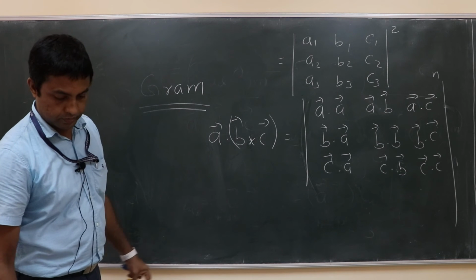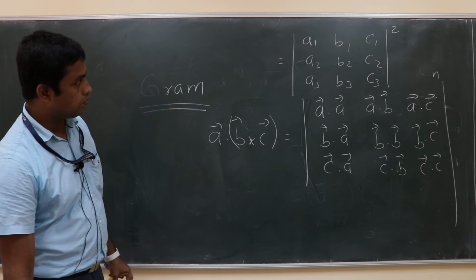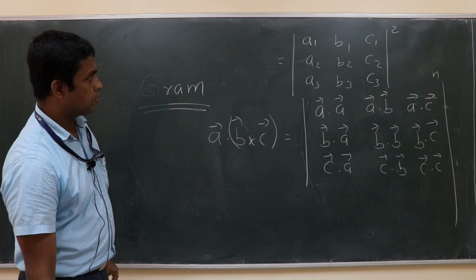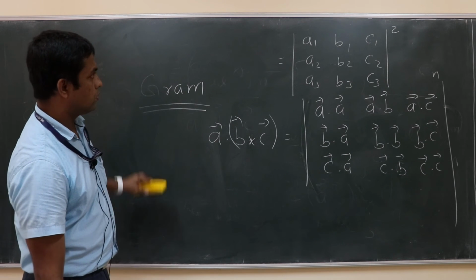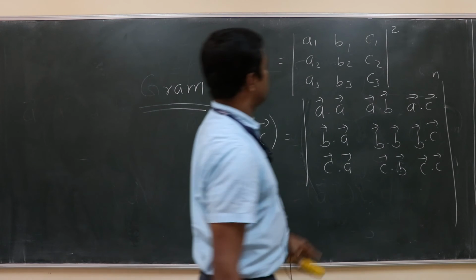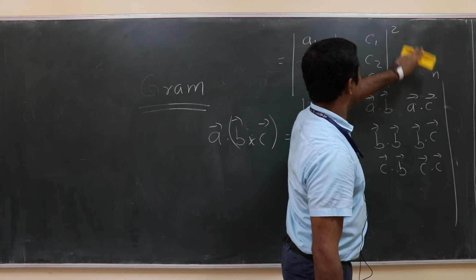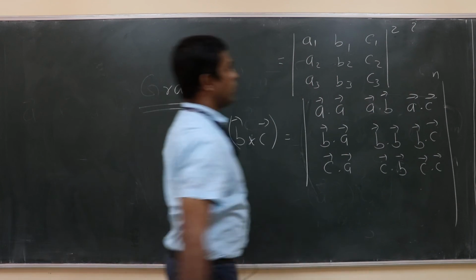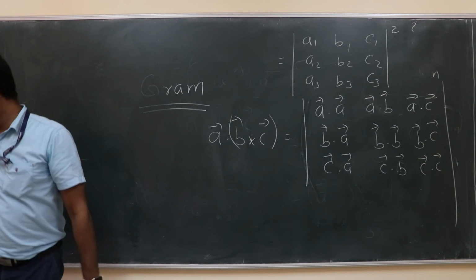Sir, one doubt. I thought the square is not there. Square is not there, determinant square. Sir, above the determinant, you are saying whole square. So just verify whether the square is there or not. Okay, sir.